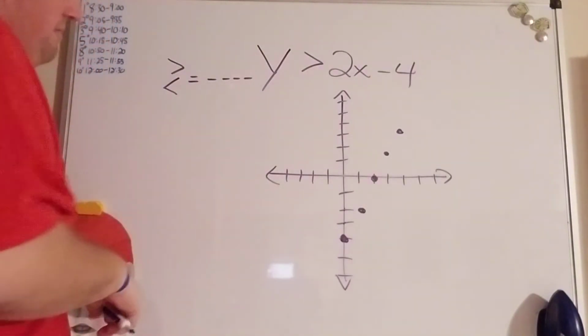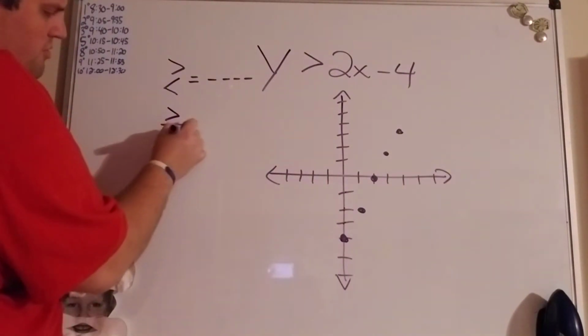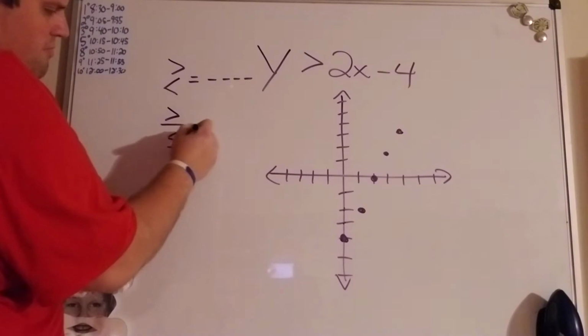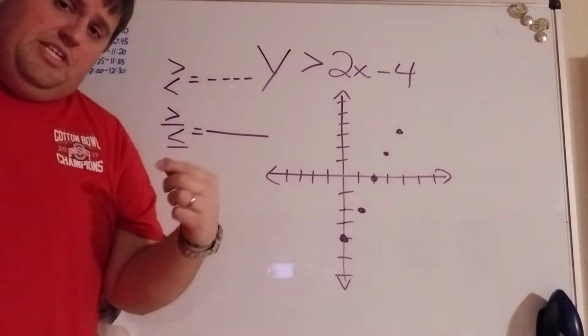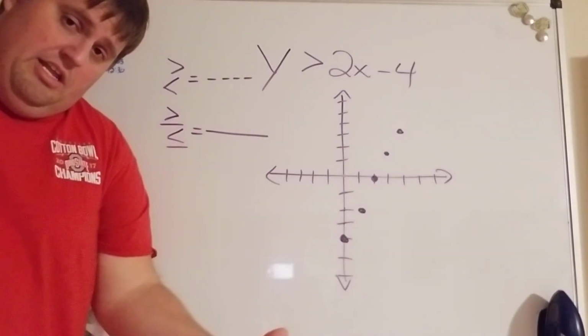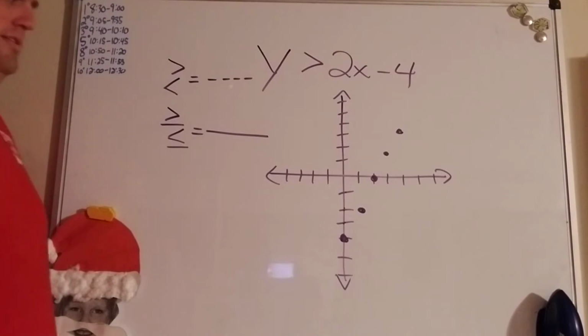I'll explain what that means in a second. And if it's a greater than or equal to or less than or equal to, then we're going to use a solid line to connect those points.